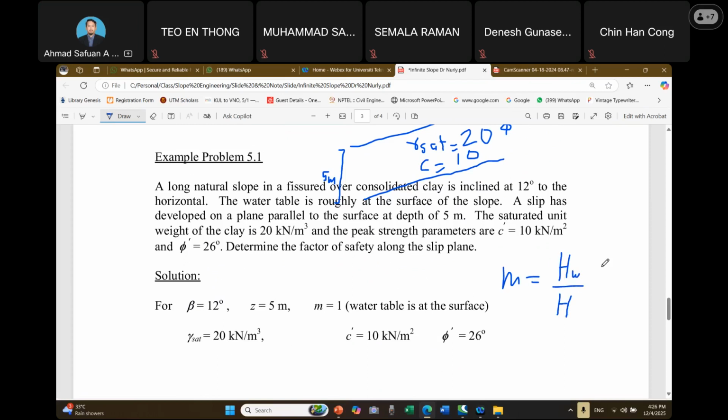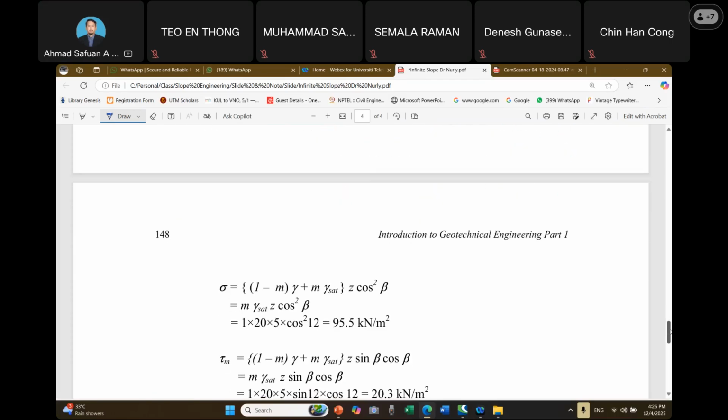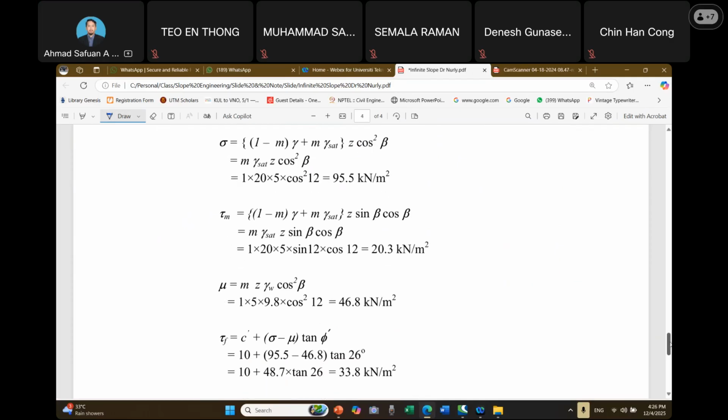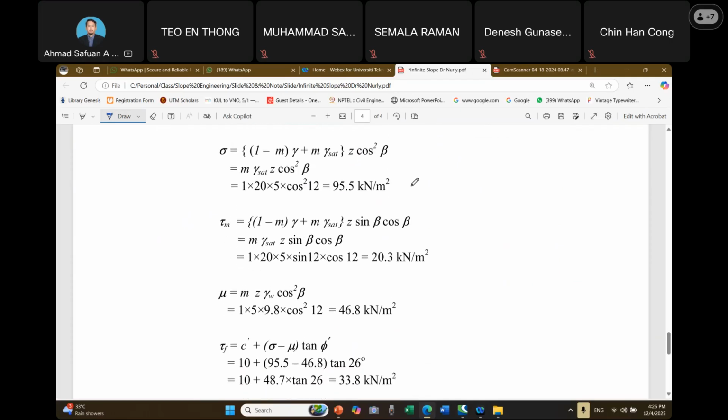Saturated unit weight is 20, C is 10, phi is 26. So this is the formula, tau f over tau m, to get the factor of safety.